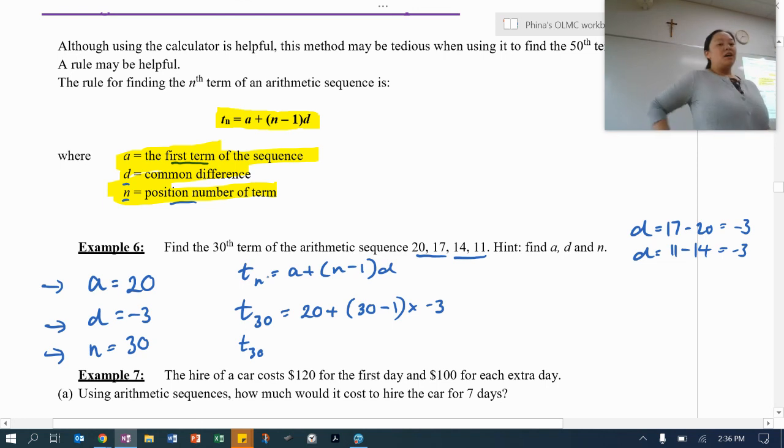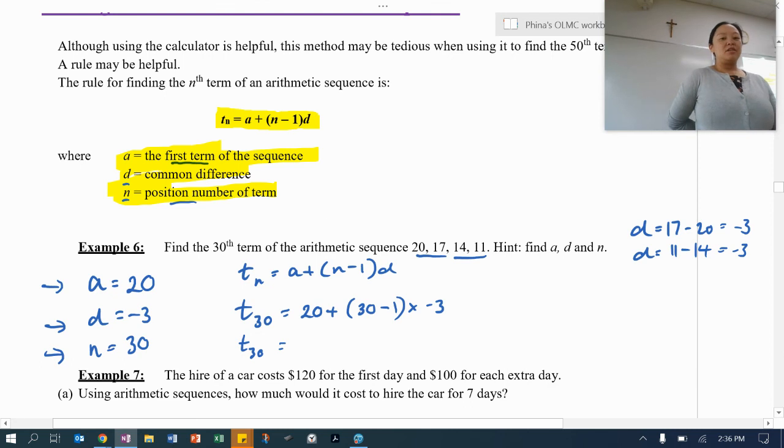Okay, so then from here, in your calculator, can you just work it out? 20 plus 30 minus 1 times -3. Just work it out. Can you explain what you did? Look, as long as you've got it in your summary book.